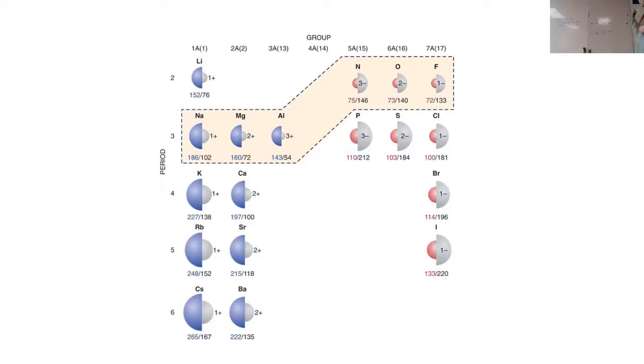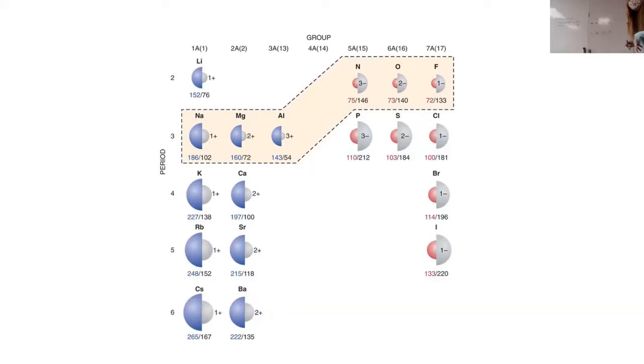All right, so positive charges, cations, tend to be smaller. Now, if I compared this to the 2+ ions, I've got an even bigger difference between protons and electrons. And so the 2+ are generally going to be smaller.